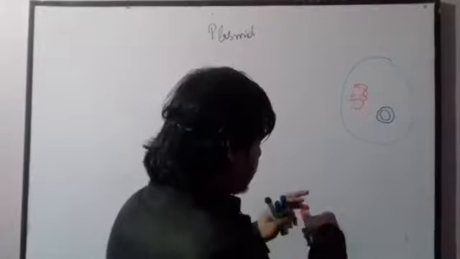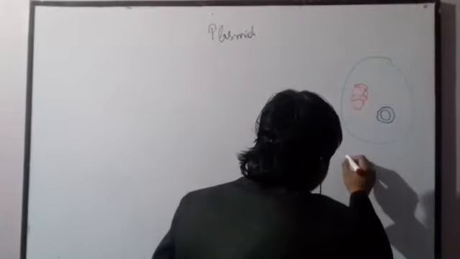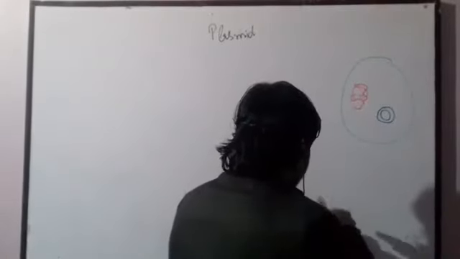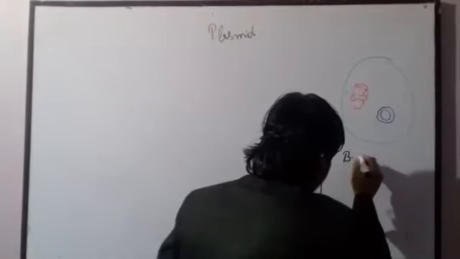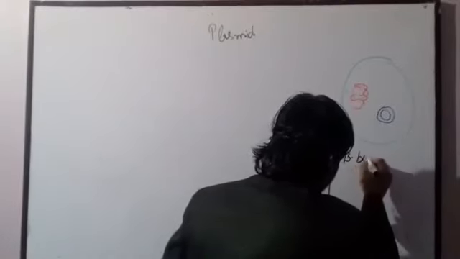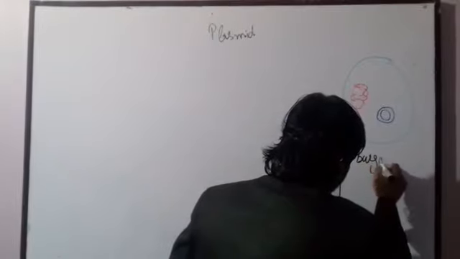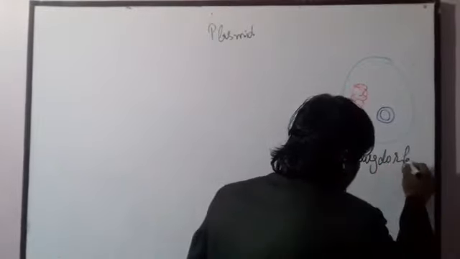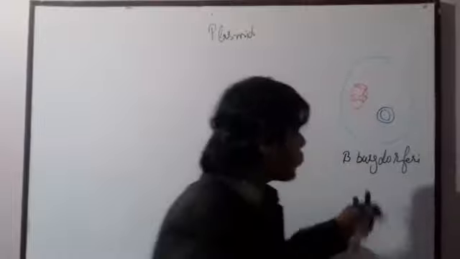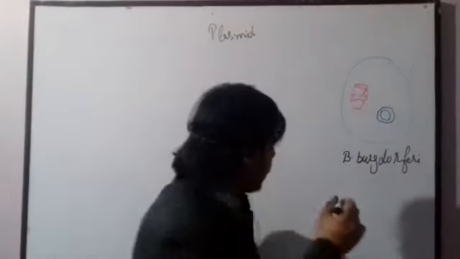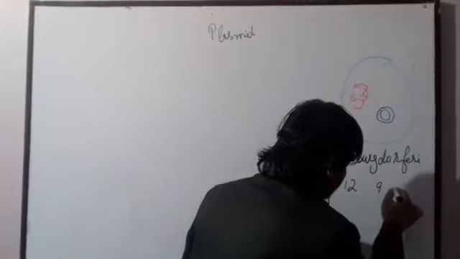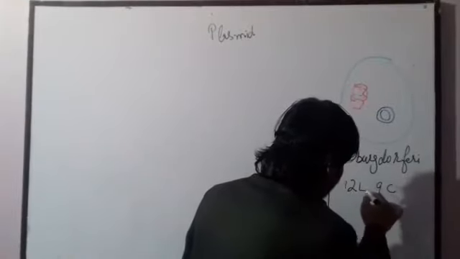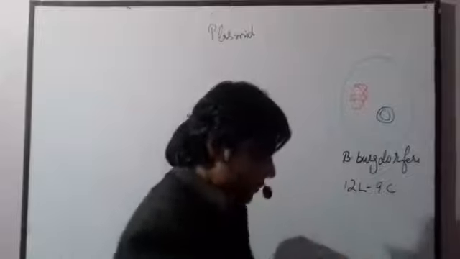So let me write the name. B. burgdorferi. In this case they have 12 linear and 9 circular plasmids.